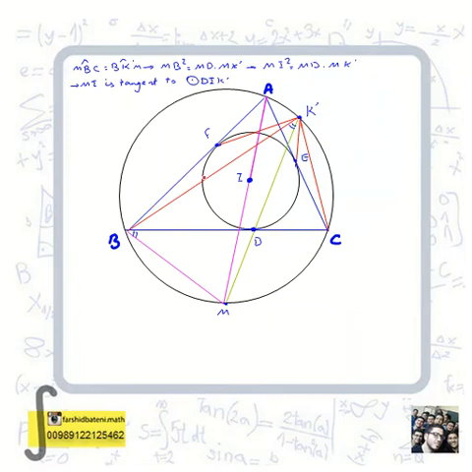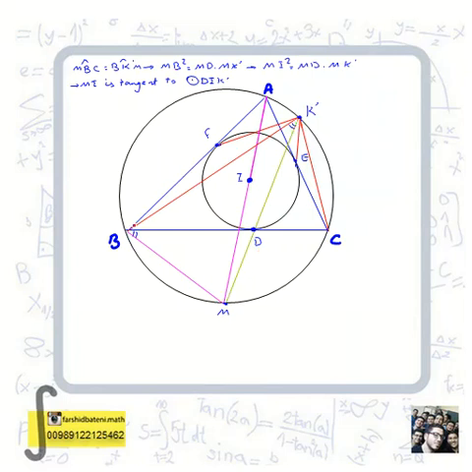Now, we can conclude that MB is tangent to the circumcircle of K'DB.